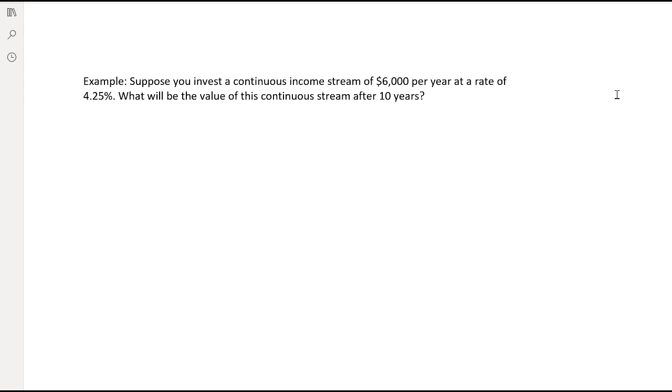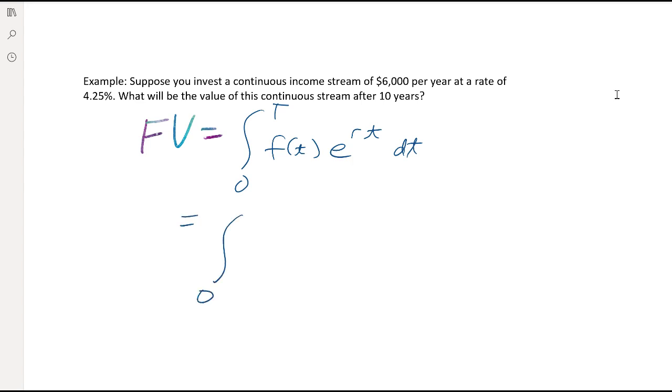So I'm just going to rewrite the formula for your convenience. Remember, our future value formula for an income stream is the integral from 0 to T of our income stream times e to the positive rt dt. So what does that look like for us? We're going to integrate this function from 0 to capital T, which is how many years you are investing this money. We're going to do it for 10 years. And f of t is your income stream.